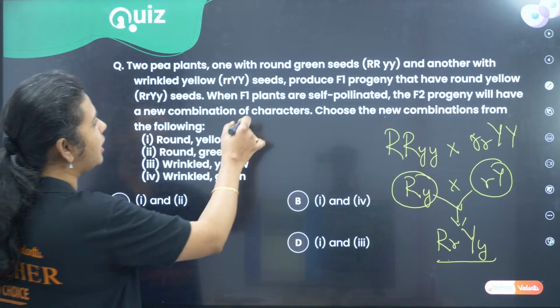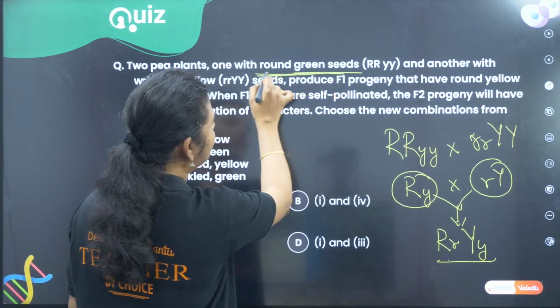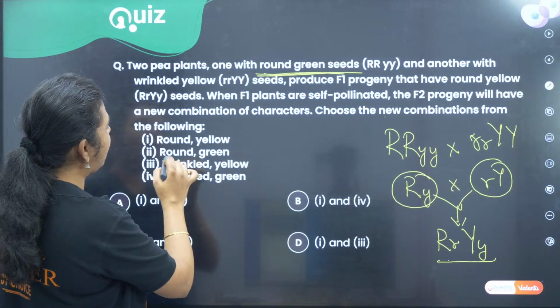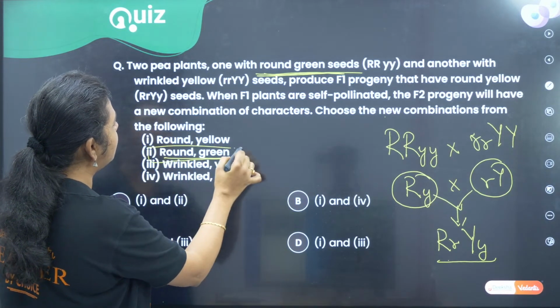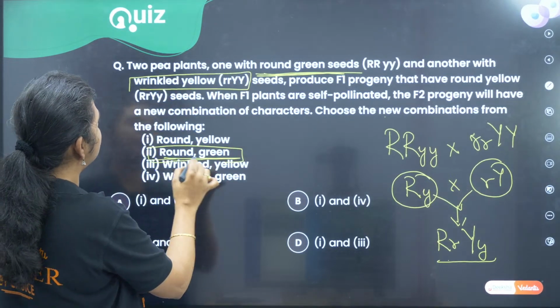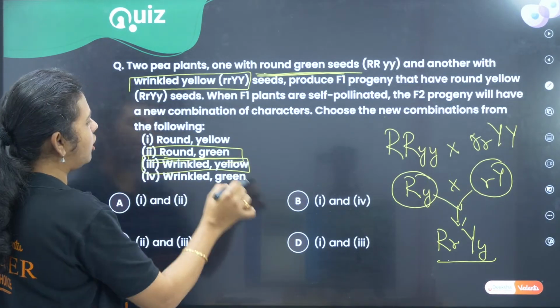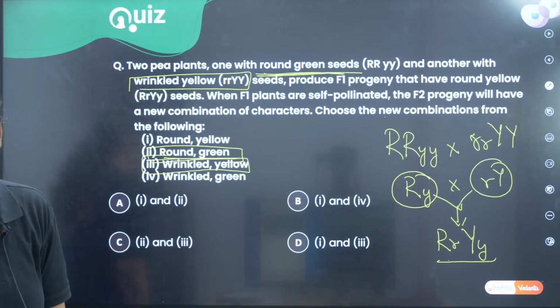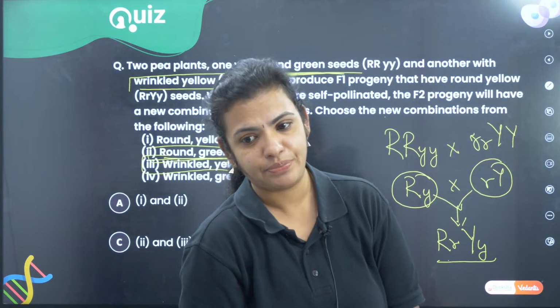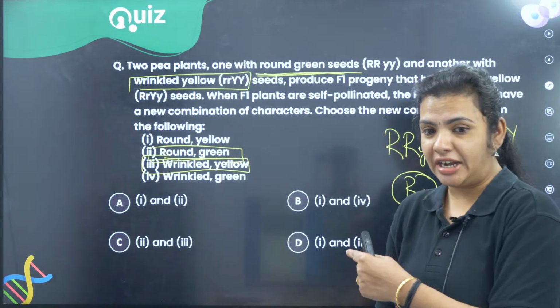The question has spoken about round green, which is already the parental combination given here, and wrinkled yellow is already the combination here, correct, which is why I said please read the question properly. This is the parental combination.